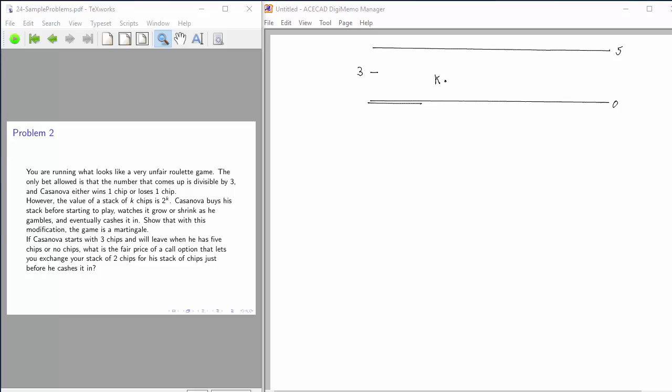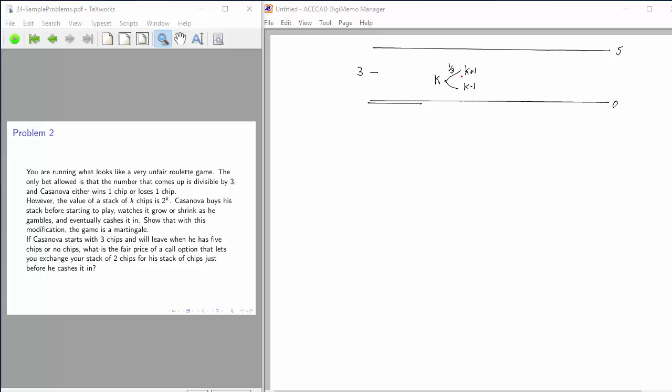He always bets on the event that the number that comes up on the roulette wheel is divisible by 3. This is an event with probability 1/3. And this looks like a very unfair casino because he either gains a chip or loses a chip.